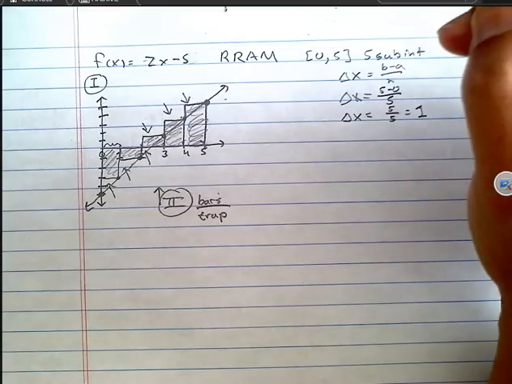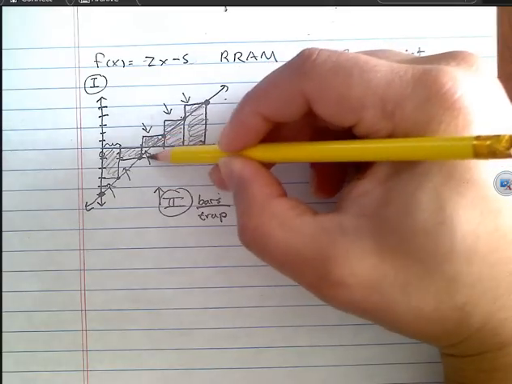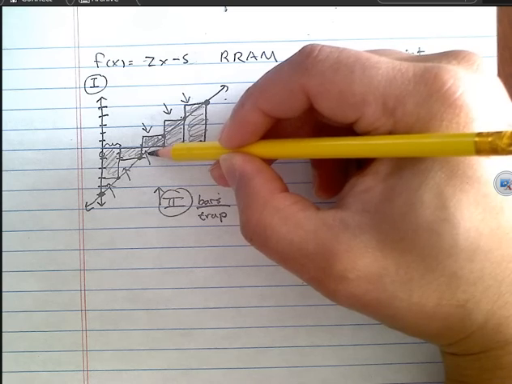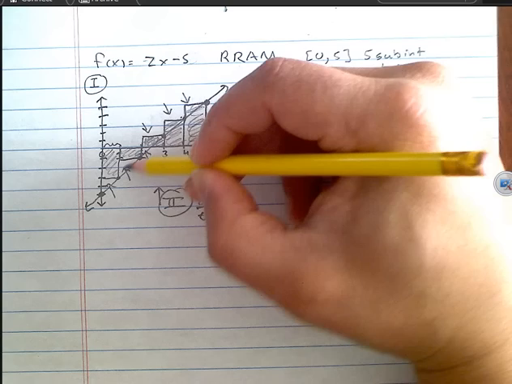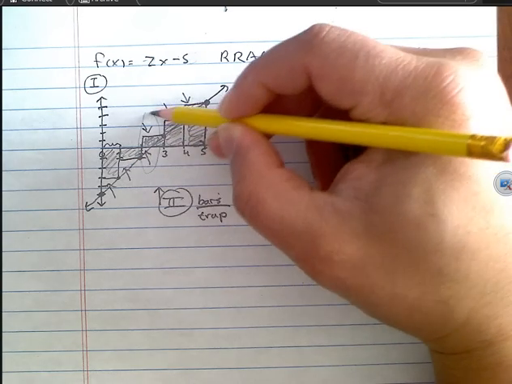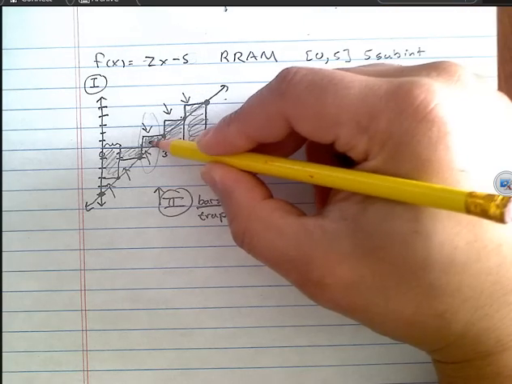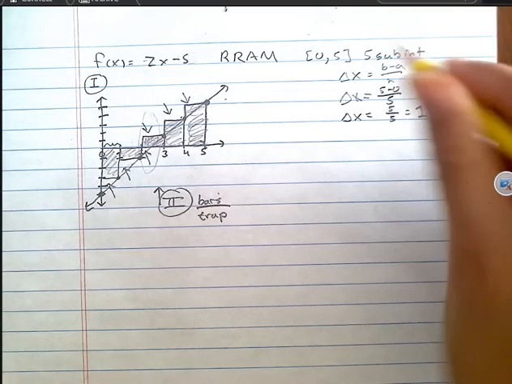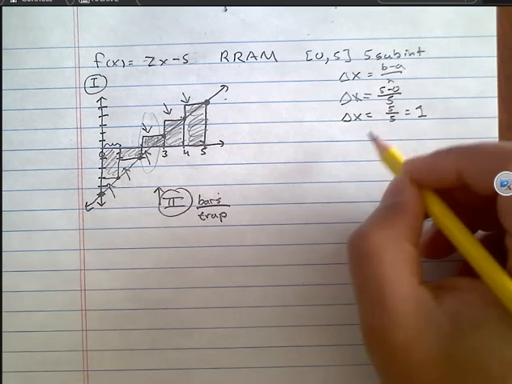This extra piece is more than this lack of area. So this area right here is more than this lack of area, and these two kind of cancel out these two. So you're just looking at those two, and obviously it's more area than we need. So this would be an upper sum. Okay, but this one's kind of difficult to see. I think on the ones on your test it might be easier to see.